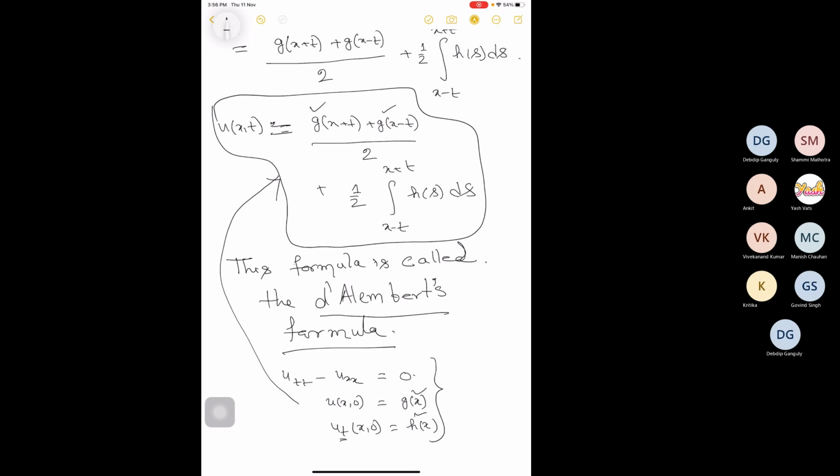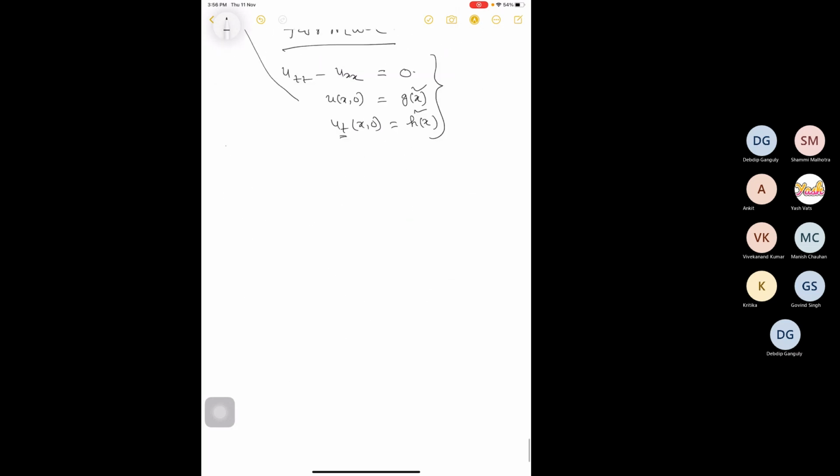Okay. Now conversely also this is true. Conversely, this is very interesting.